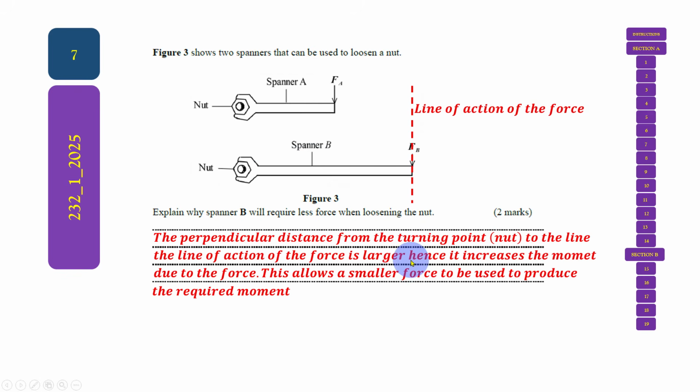Is larger, in B, it is larger. Hence, it increases the moment due to the force. This allows a smaller force to be used to produce the required moment. Okay, you can use a smaller force to produce the required torque. And that is how you would answer question 7. Let's go to question 8.